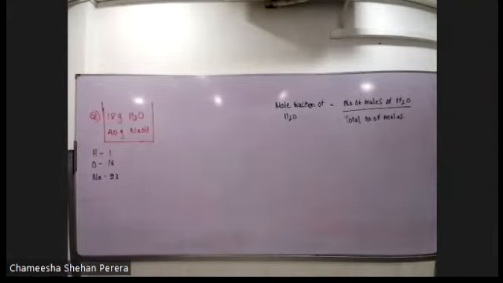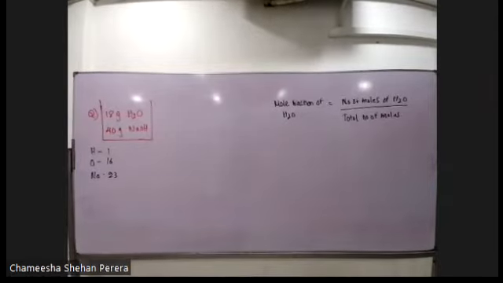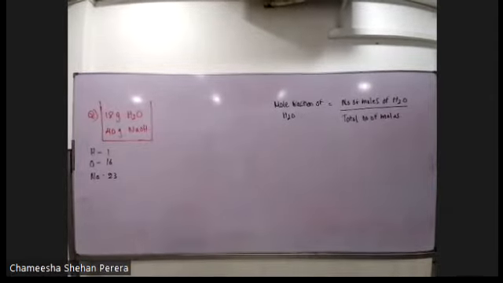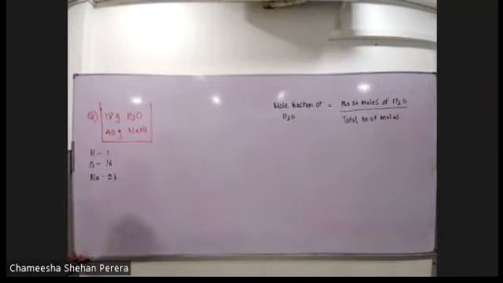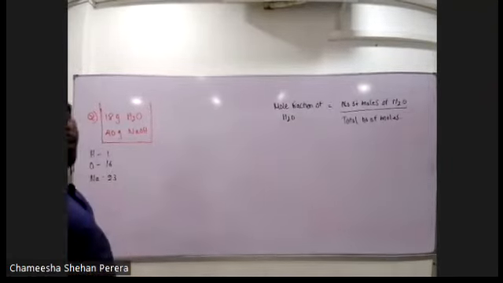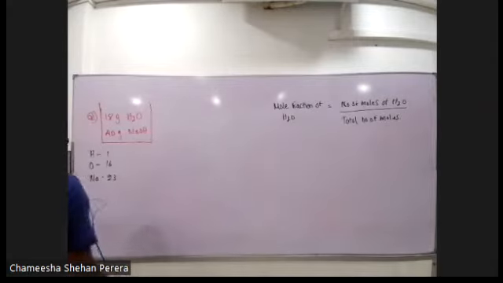By knowing the relative atomic masses of these elements, you can calculate the relative molecular mass of each compound I have given you. Then you can work out the equation n equals m over M and find the number of moles present.